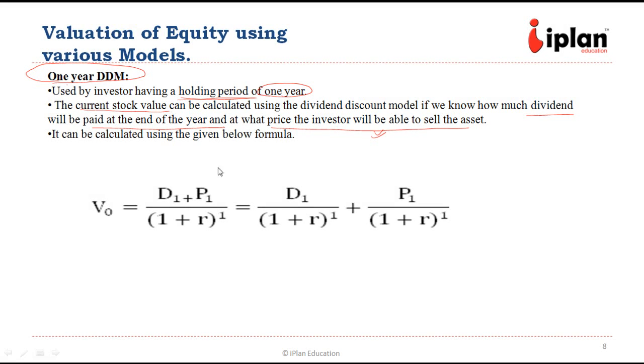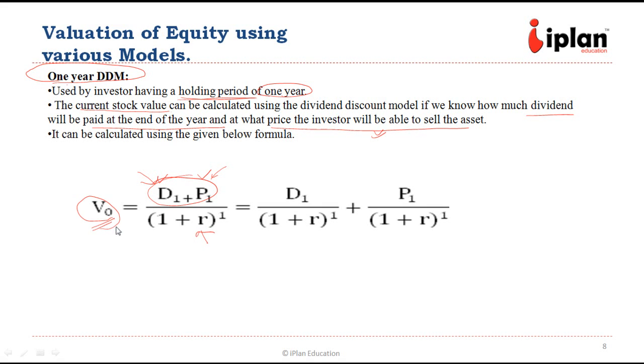This is the dividend return, this is the capital return after 1 year, discounted to today's price. So this should be the current price.